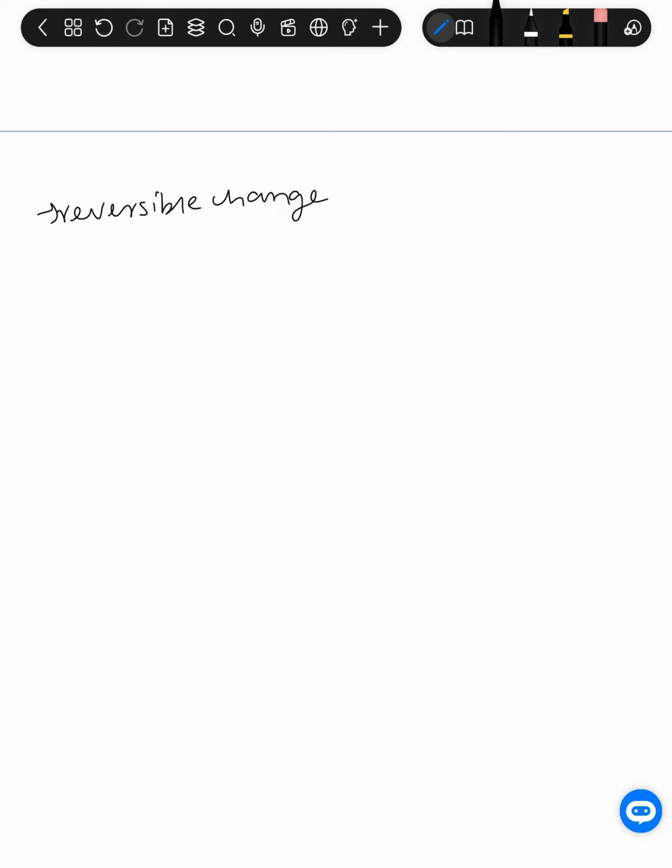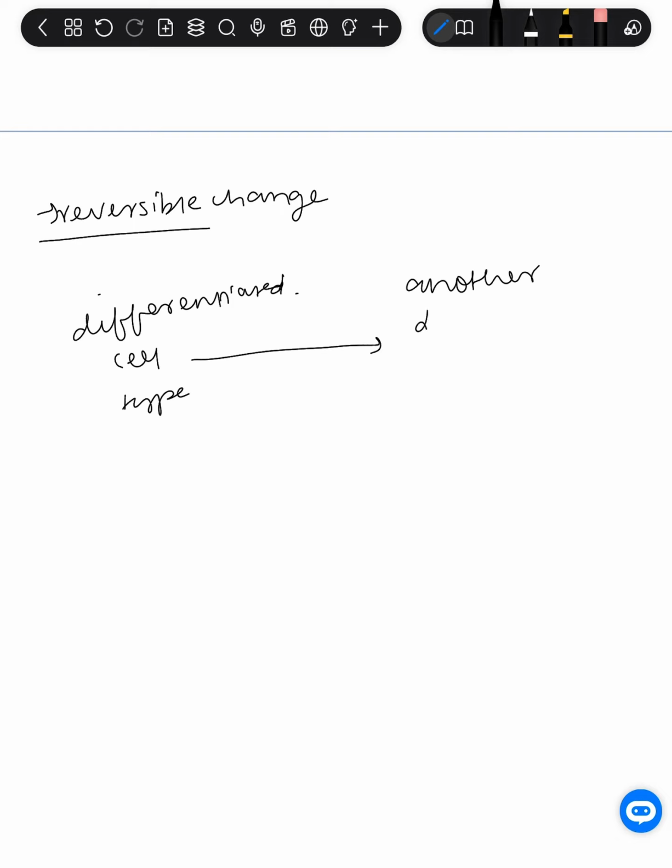How does metaplasia happen? In metaplasia, we have one differentiated cell type that is converting into another differentiated, or I should say another adult, cell type. This conversion is called metaplasia.